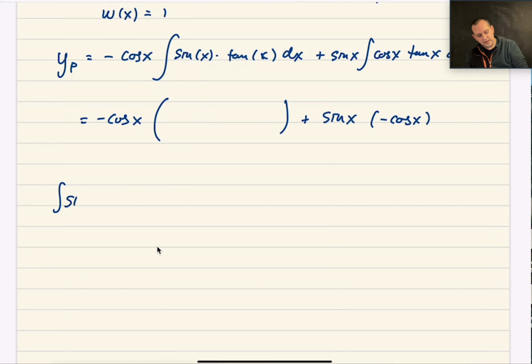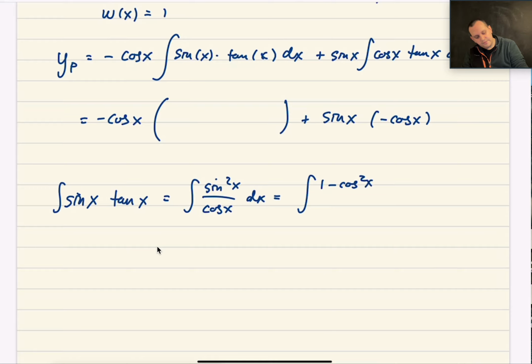So let's work on that. So that's going to be sine of x times tangent of x. If we don't know what else to do, always write it in terms of sine and cosine. This is sine squared over cosine, which is 1 minus cosine squared over cosine, which is, let's see, the integral of secant of x minus cosine of x dx.